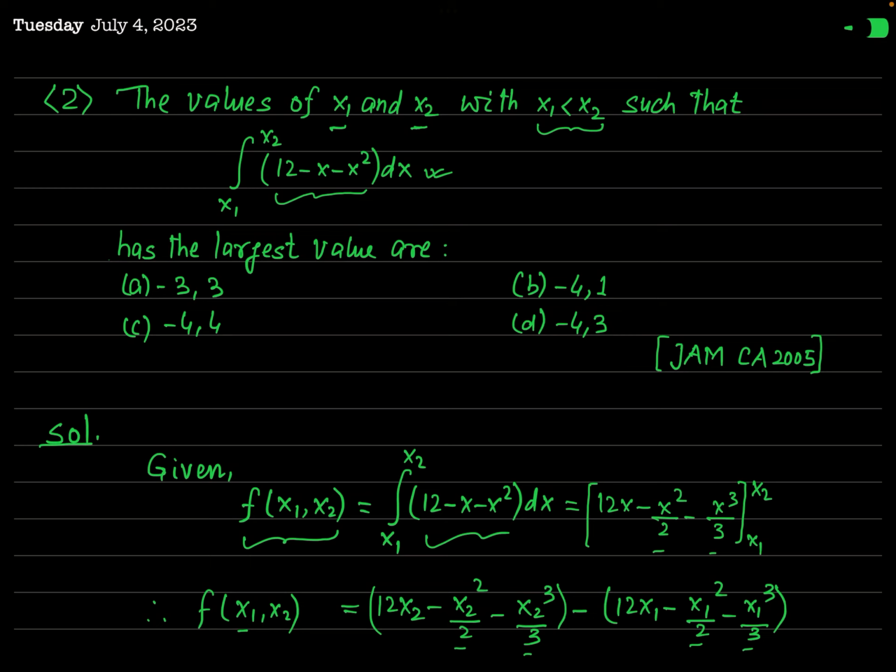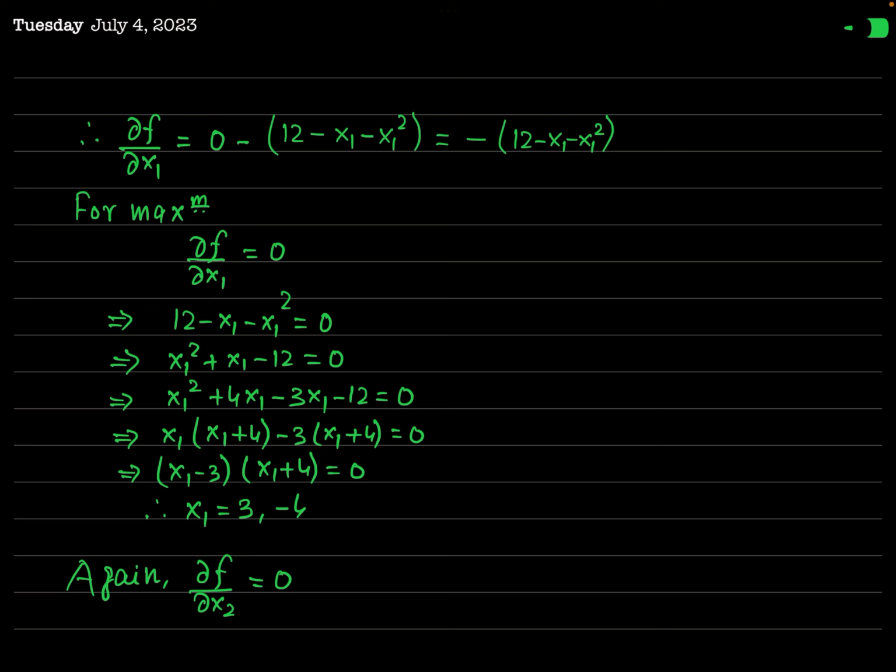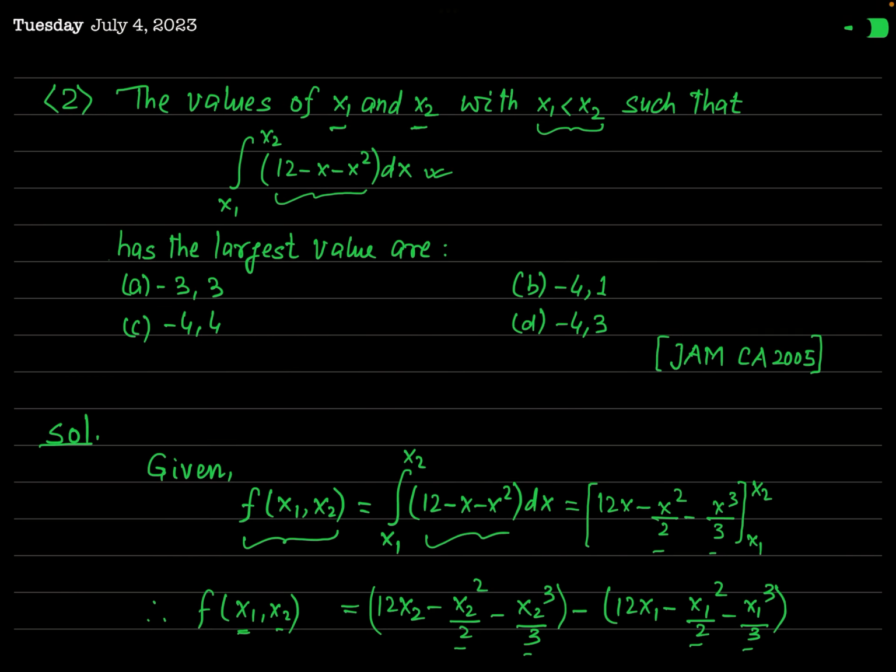And again we will take the derivative of this function f with respect to x2 keeping x1 constant. It means you have to take partial derivatives. Okay. So now let us find the partial derivative of this function with respect to x1. When x1 is taken as the variable and x2 as constant, then the partial derivative del f by del x1 will be what?